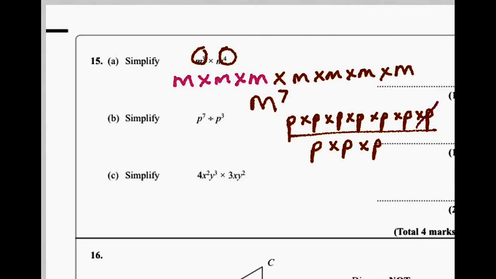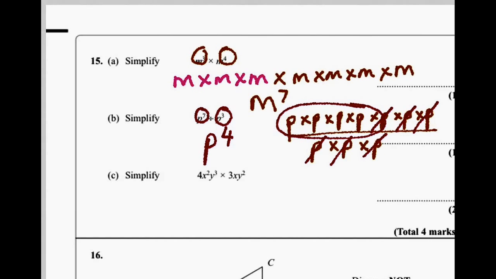If we multiply by p and divide by p, we should cancel out, which leaves us with p to the power of 4. Of course, you could subtract these numbers nice and simply, 7 take away 3 is 4, because you're going to take away 3 of the p's on the top.